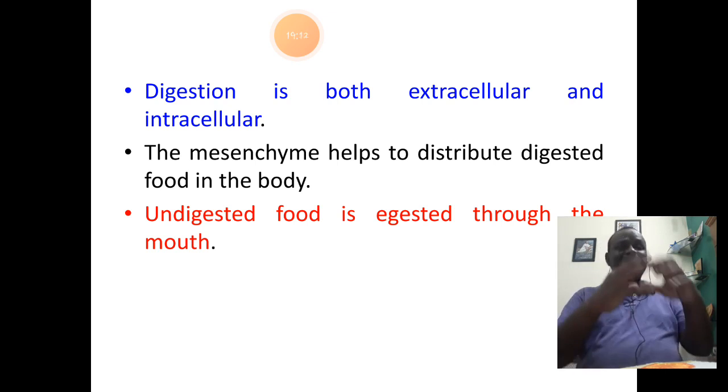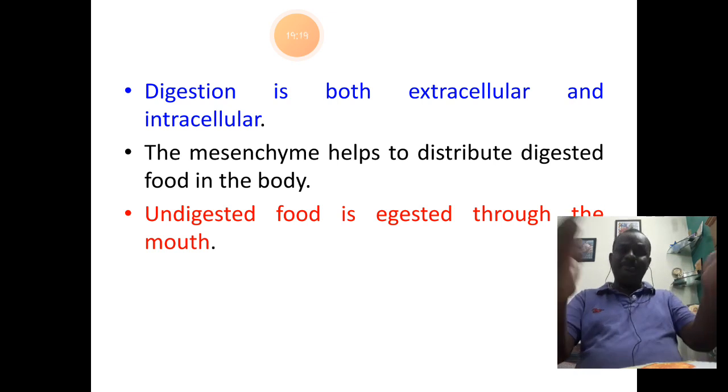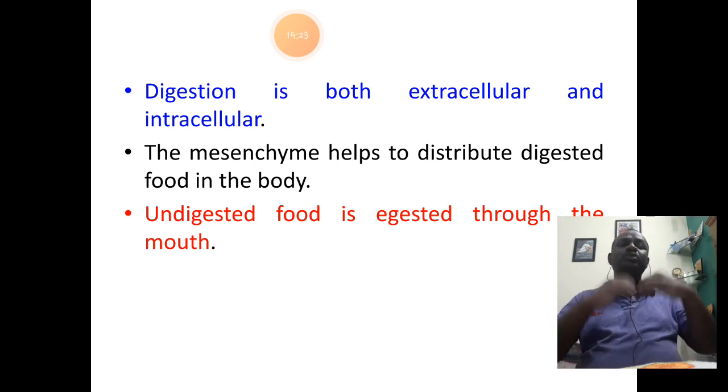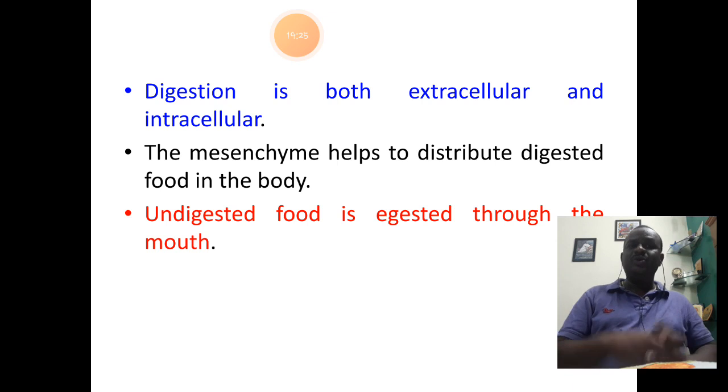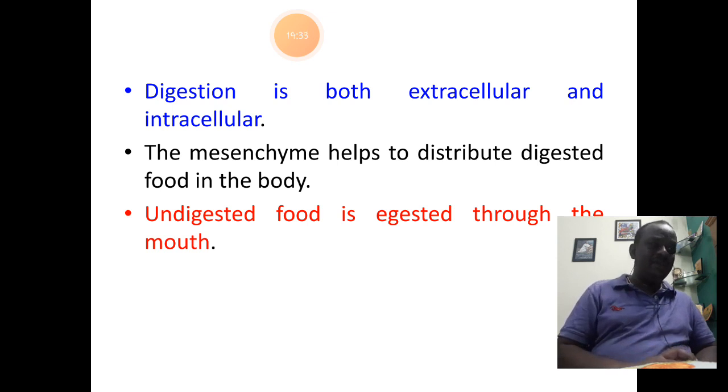Whereas inside the digestive canal, that is the diverticula, the undigested food is collected back and sent through the pharynx, and through the mouth it will be ejected. So egestion of undigested food from the digestive canal is done through the mouth.